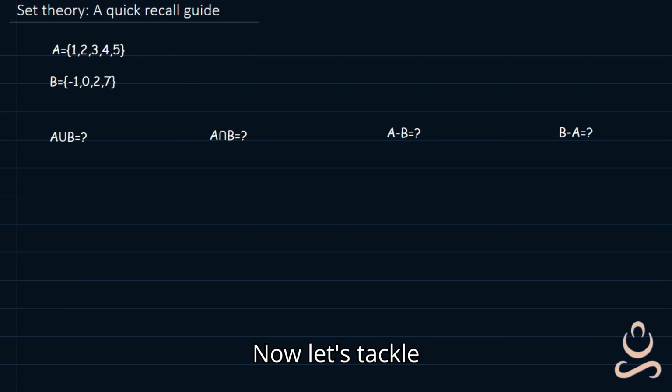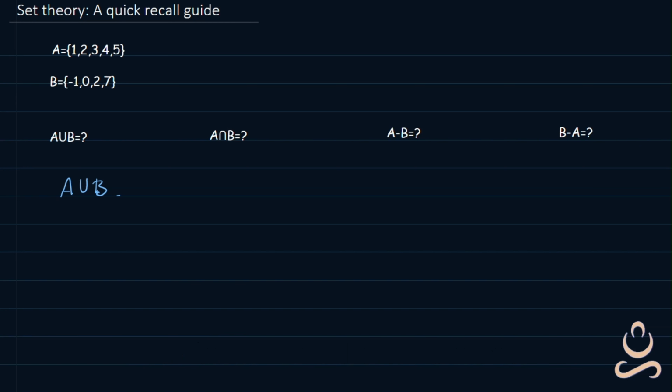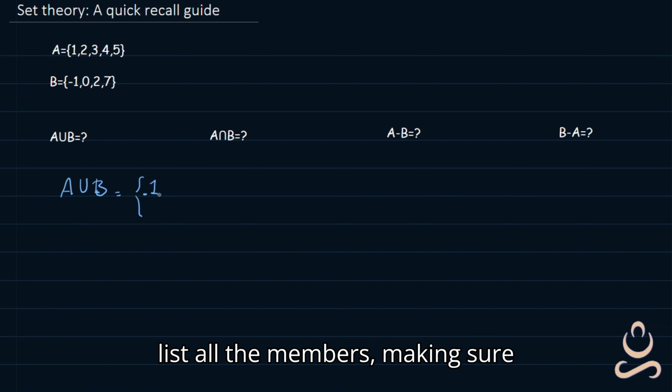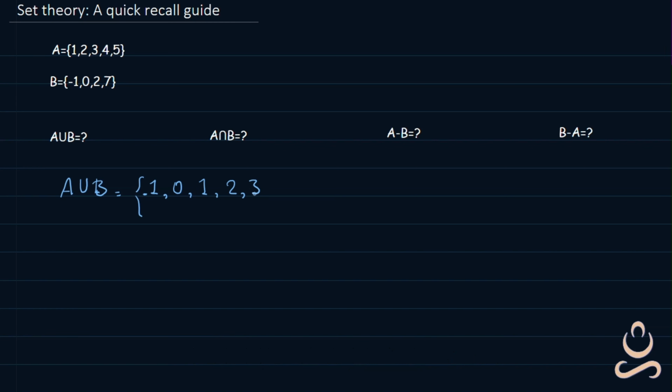Now, let's tackle this exercise and pay close attention to how I apply the mentioned principles to solve it. To create the union set, I list all the members, making sure not to repeat any member that appears in both sets. In this case, 2.